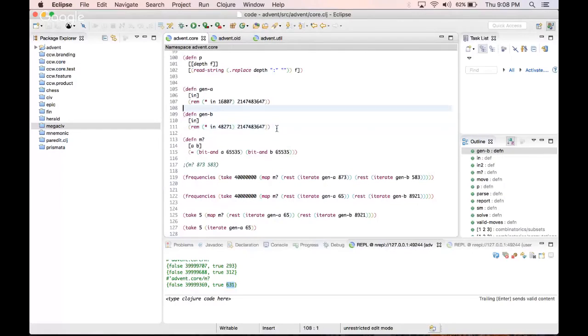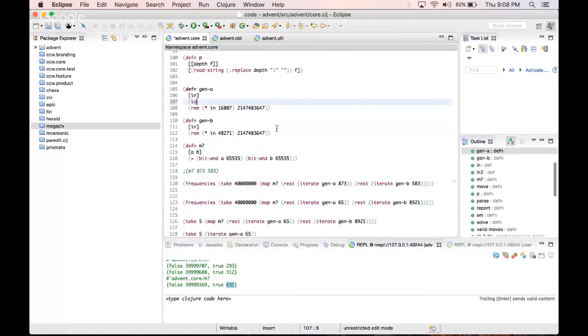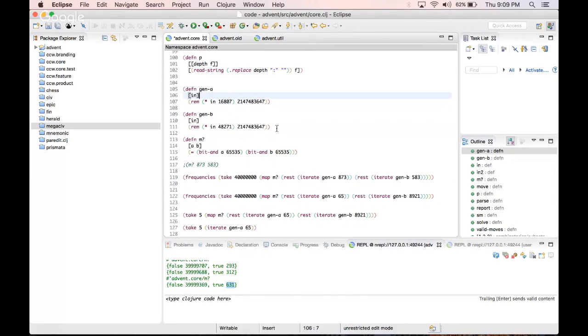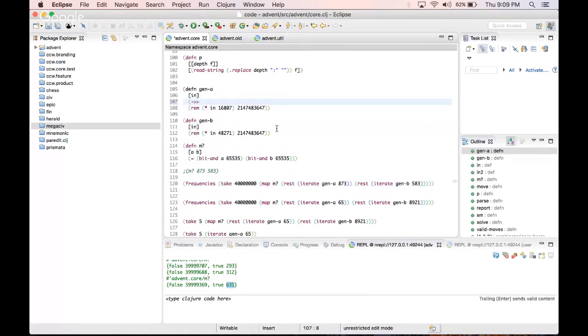Yeah, so basically, let's see. We would want to do some kind of iterate on a function like this, starting with this value.